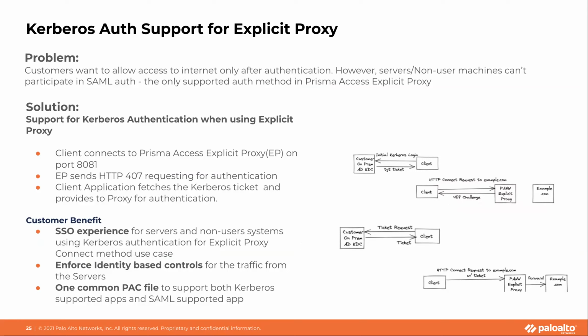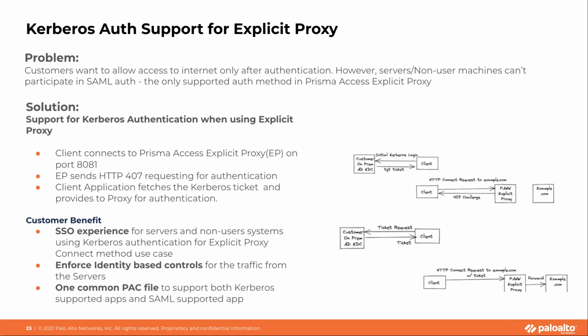We're introducing explicit proxy rather for Prisma Access for 3.2. With this, customers can do one PAC file for all their devices that need explicit proxy support. And then you have a single sign-on experience for servers and non-user systems using Kerberos authentication for explicit proxy.